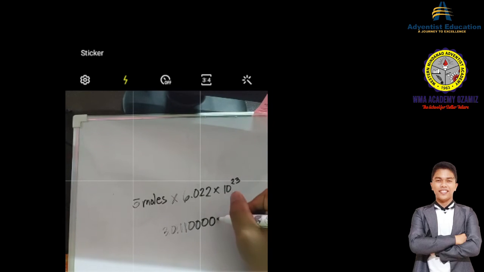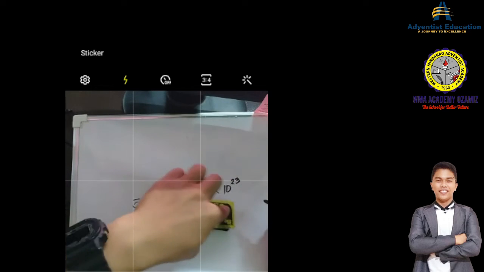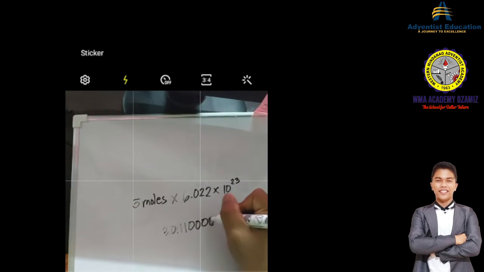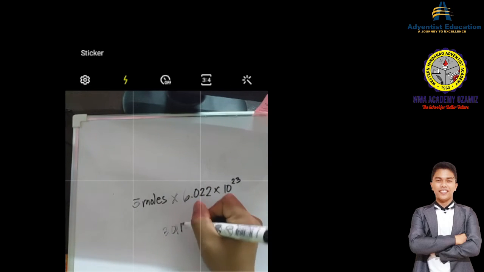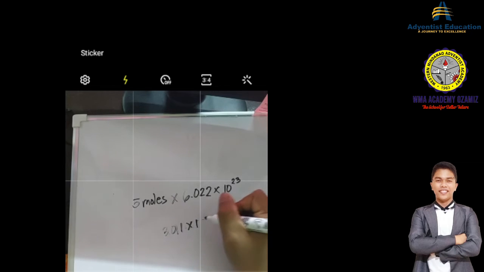Then you can use e plus 24, or you can use the manual. You can also eliminate the 0 here. 1 1 times 10 to the power of 24, or you can use this one.